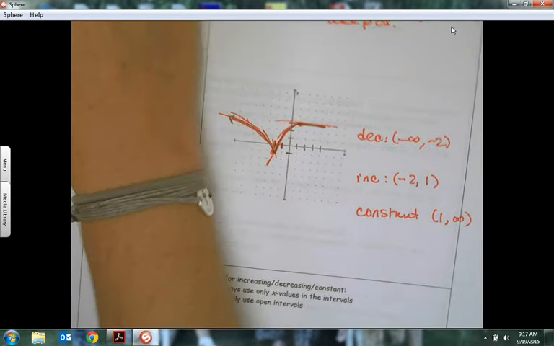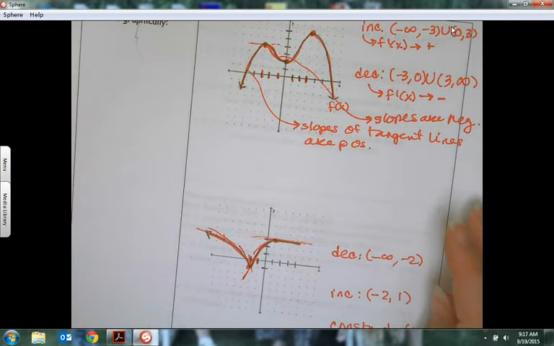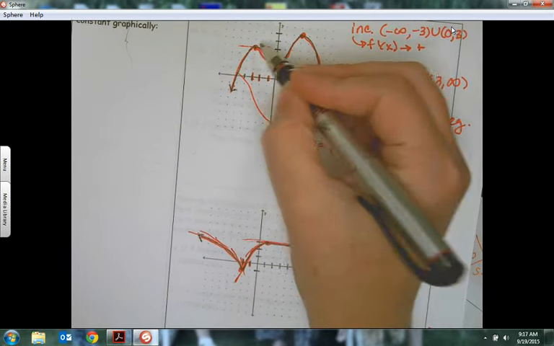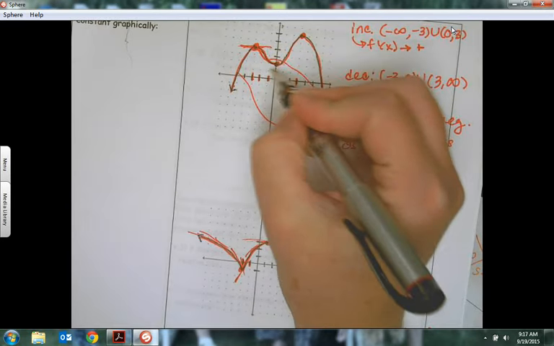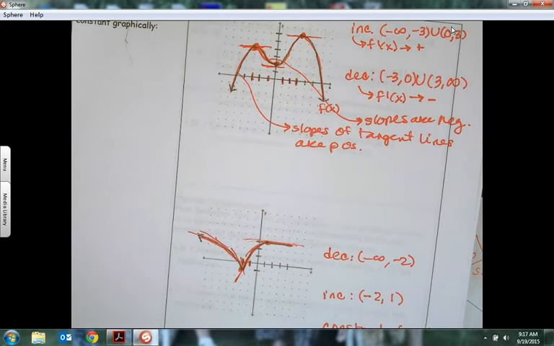Now, if I look, where do these functions change from increasing to decreasing? Well, this would be when the tangent lines have a slope of 0. Oh, what about this one? You can't really have a tangent line here because it's not differentiable.